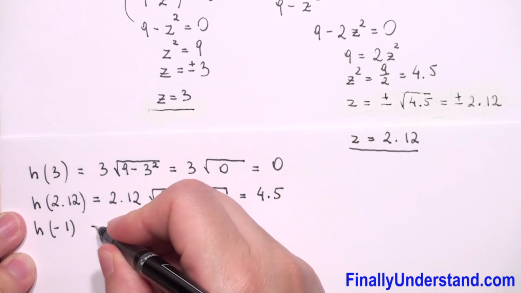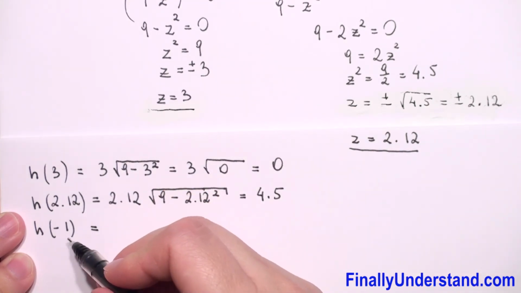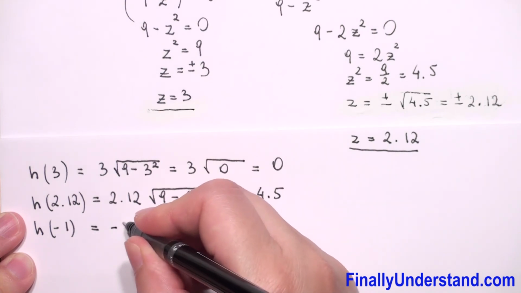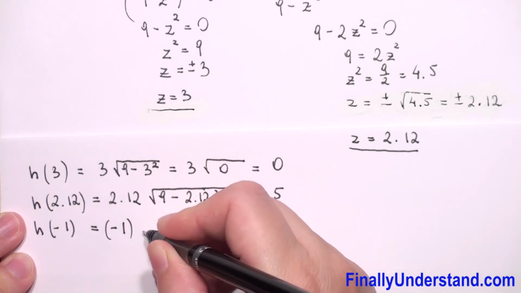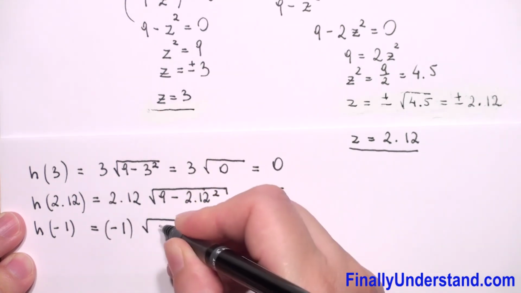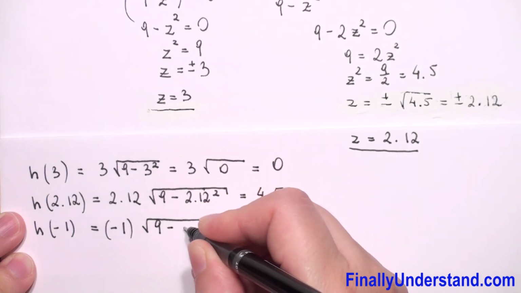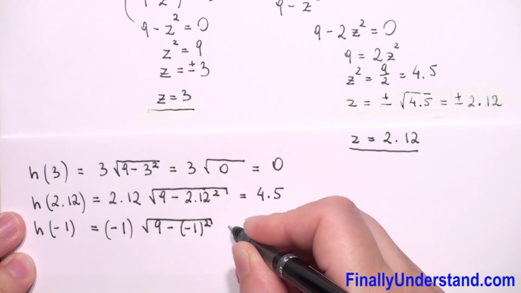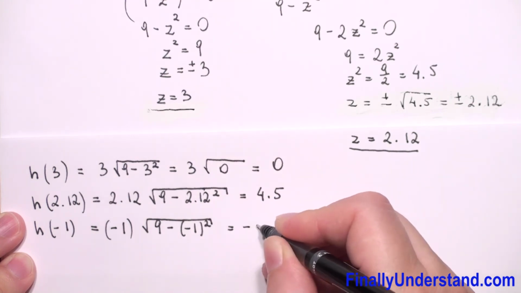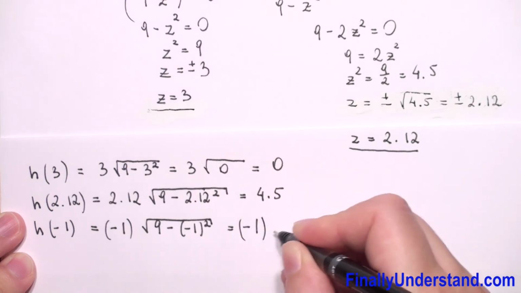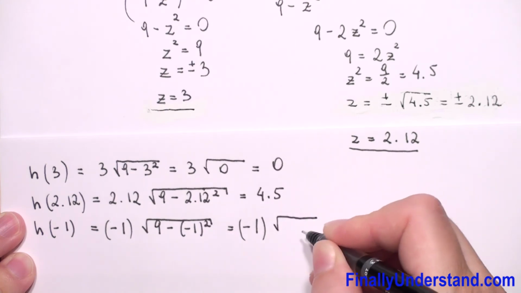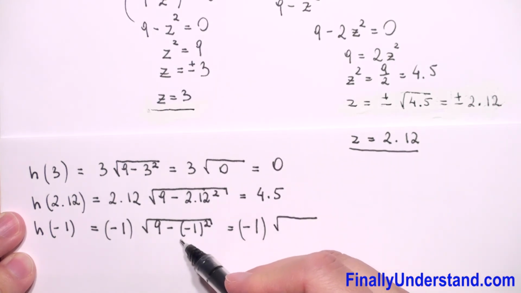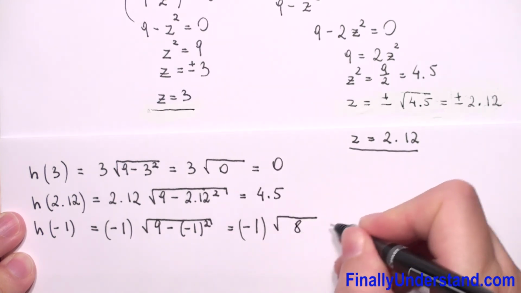And now we have to find the value for -1. So we have -1 times the square root of 9 minus (-1) to the second power. This is equal to -1 times the square root of 9 minus 1, which is 8.